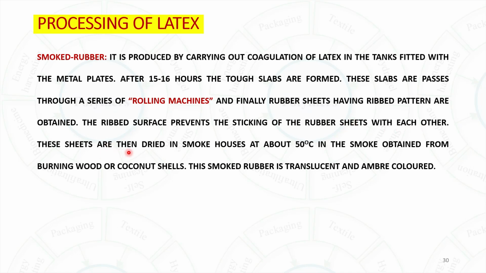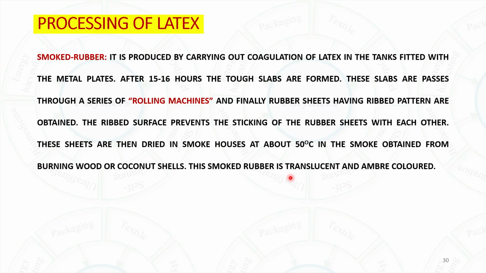These sheets are then dried in the smoke houses at about 50 degrees centigrade in the smoke obtained by the burning of wood or coconut shells. This smoked rubber is translucent in nature. What is the meaning of translucent? Translucent means light can pass through these rubber sheets. However, the image would not be very clear when light passes through this sheet, but it has the property that light can pass through.